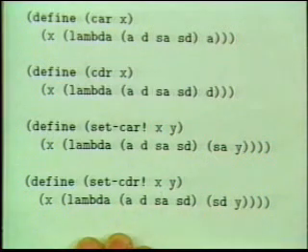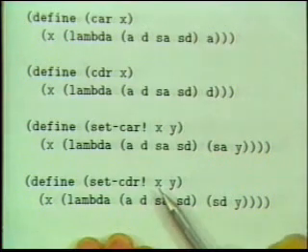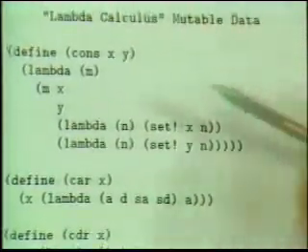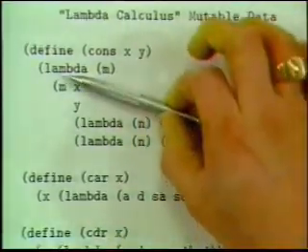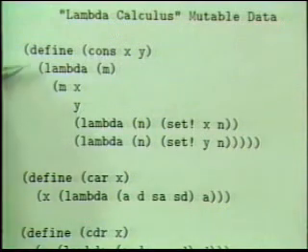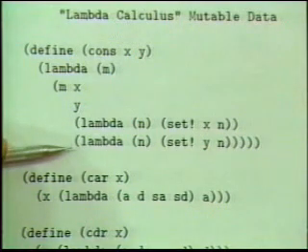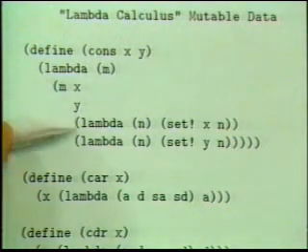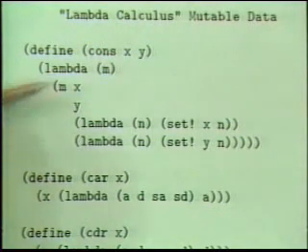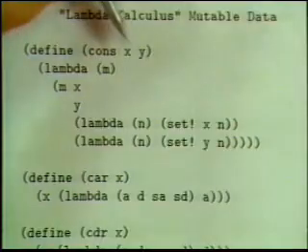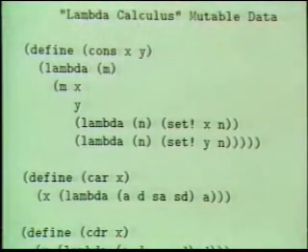X is presumably a cons, a thing resulting from evaluating cons. Therefore, x comes from a place over here. That x is the result of evaluating this lambda expression. When I evaluated that lambda expression, I evaluated it in an environment where the arguments to cons were defined.